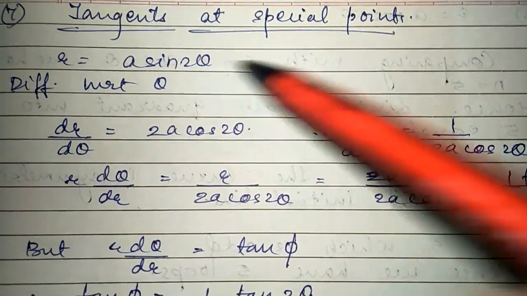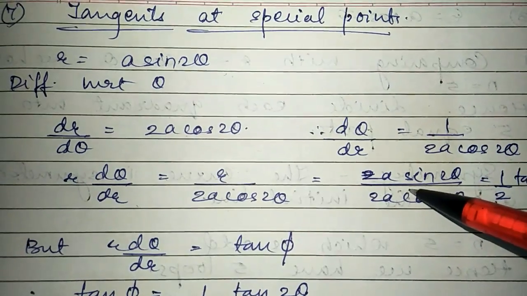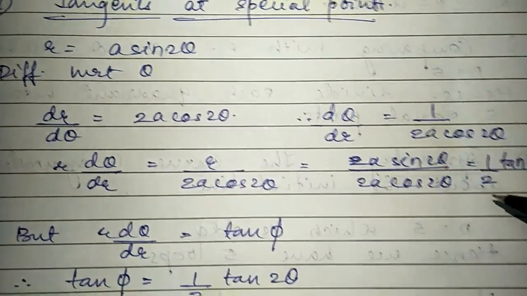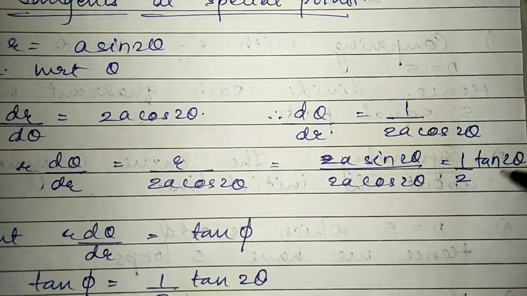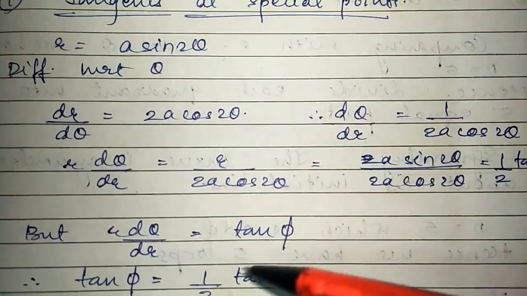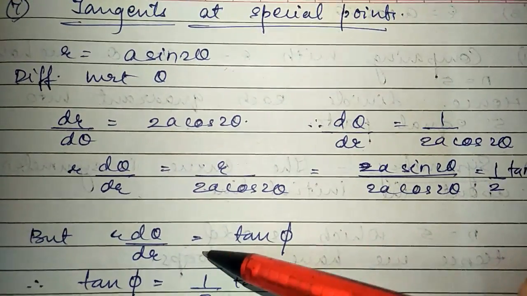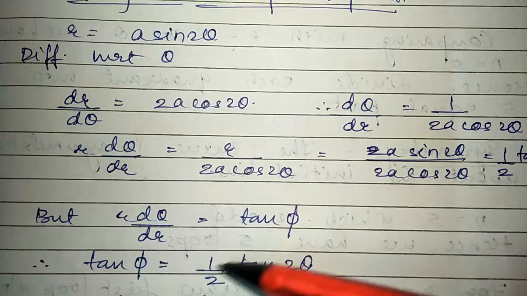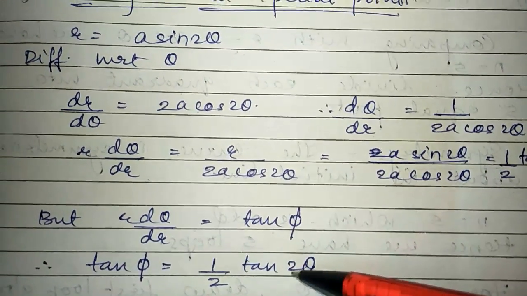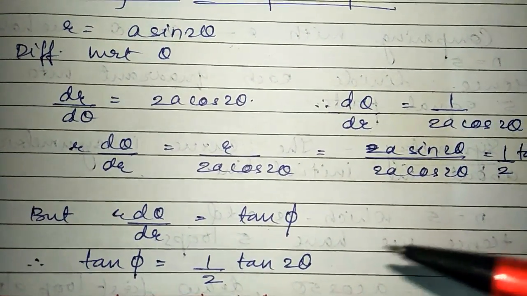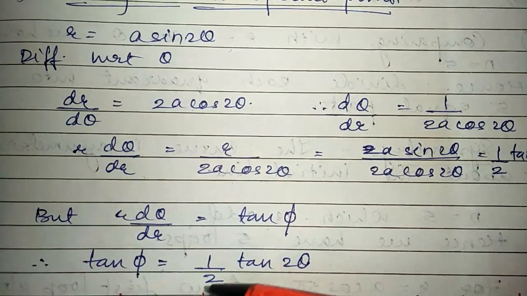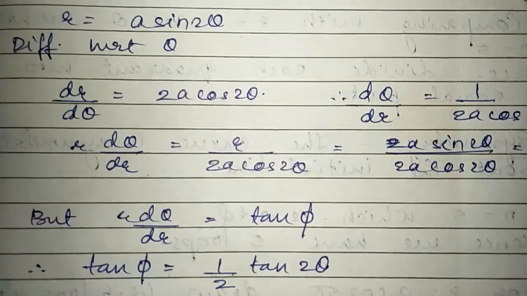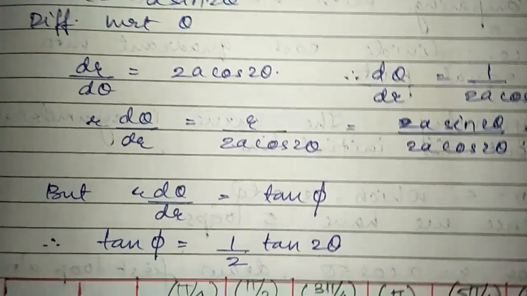Now r is a sin 2θ, so we have a sin 2θ/(2a cos 2θ), that is (1/2) tan 2θ. But we know r dθ/dr is nothing but tan φ. So tan φ = (1/2) tan 2θ. Now this φ, as we know, is the angle between the tangent and the radius vector.